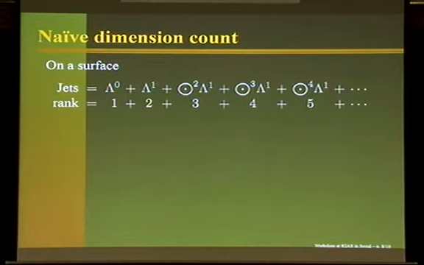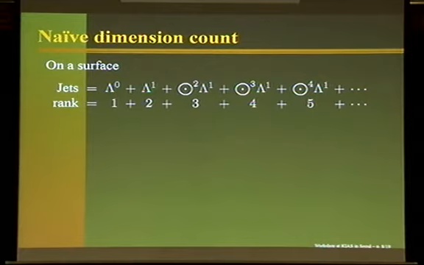Anyway, let's see if these properties of sigma, being an injection, surjection, whatever, how they gel with just a naive dimension count of what is the freedom available in these various structures. I'm just going to do this on a surface. As soon as you go to 3 dimensions, this problem becomes much easier, in fact.